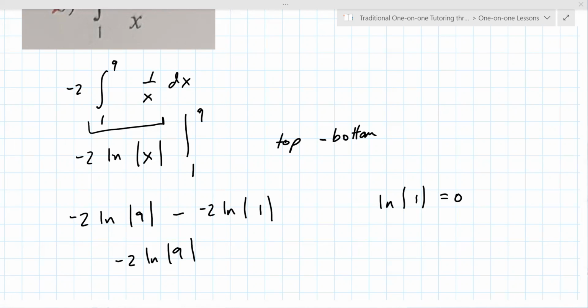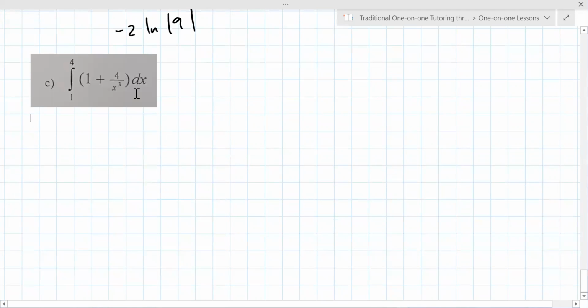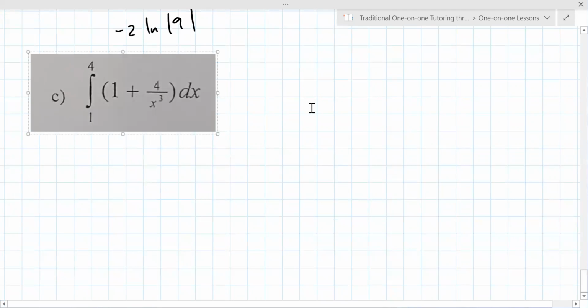Is C okay? We'll go through C. All right. So it's really two antiderivatives.